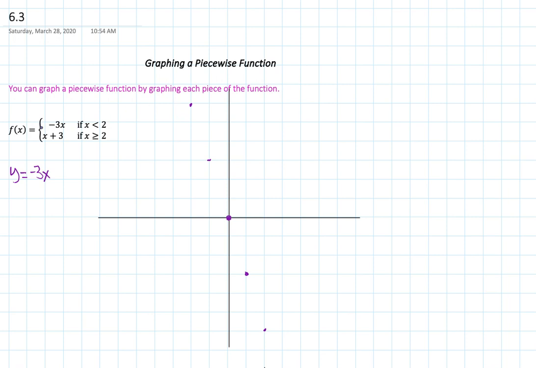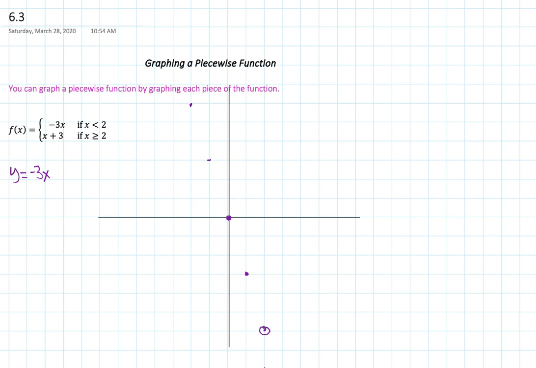So this line only matters, it's only visible when x is less than 2. So let's find when x is 2. Well, when x is 2, here's this line.